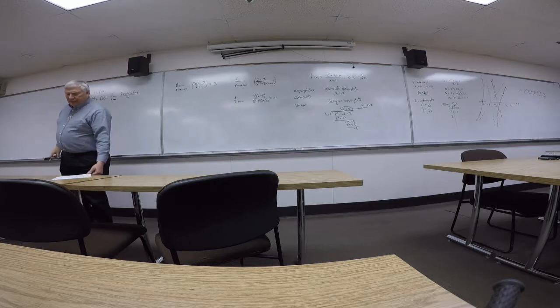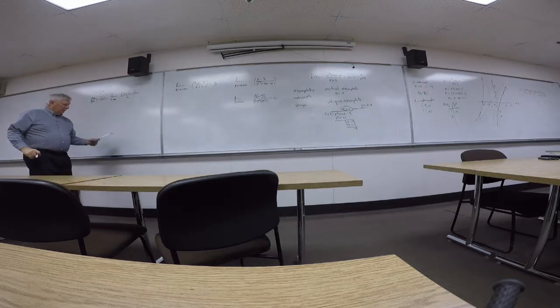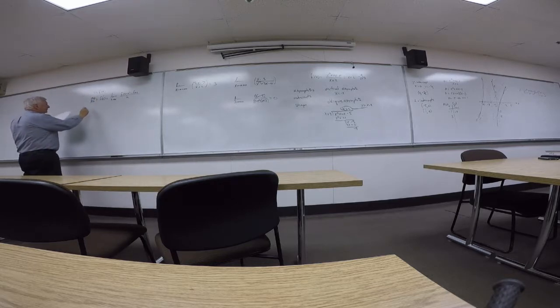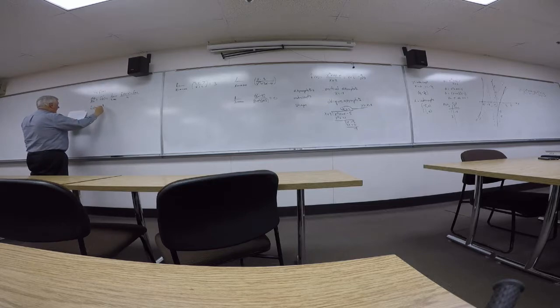In our particular case, our function is f of x equals 4x cubed minus 7x plus 3.